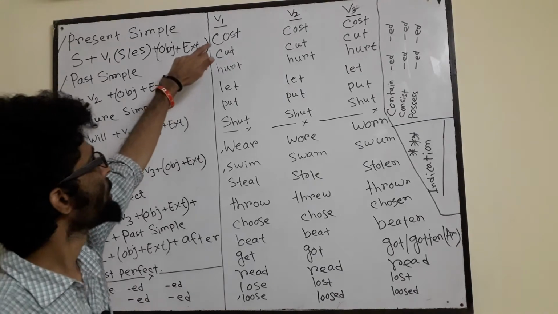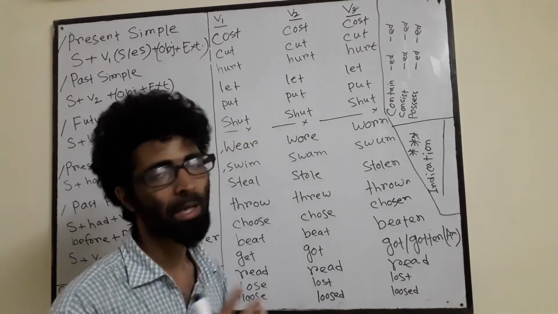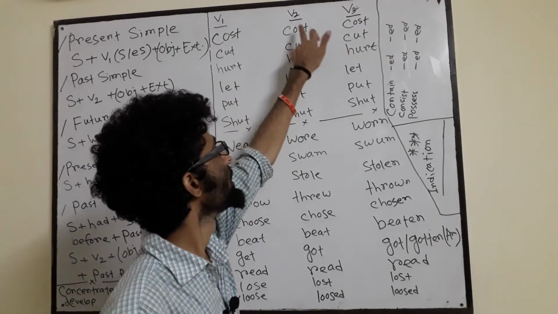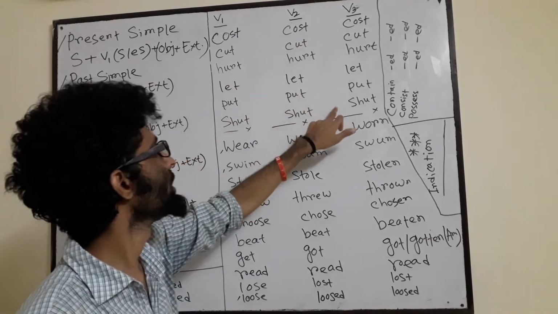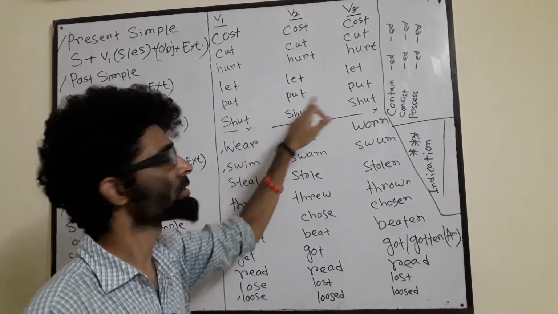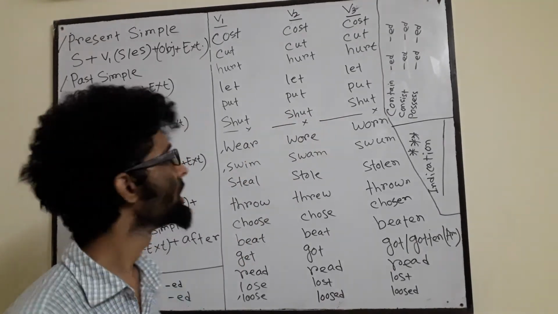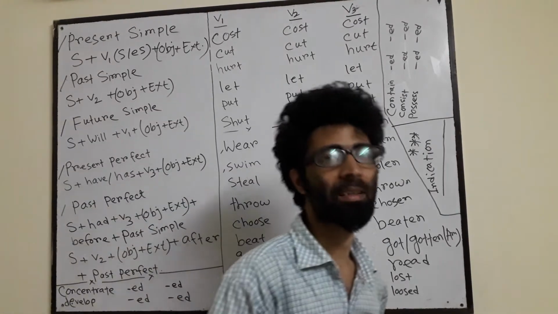See, from cost to short they have got the same form, the same pattern when they are changed into past and past participle. When they are changed into past form and past participle, their spellings are the same. There is nothing changed. They are actually irregular.